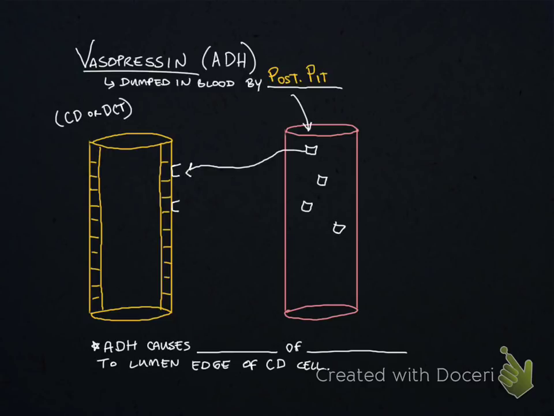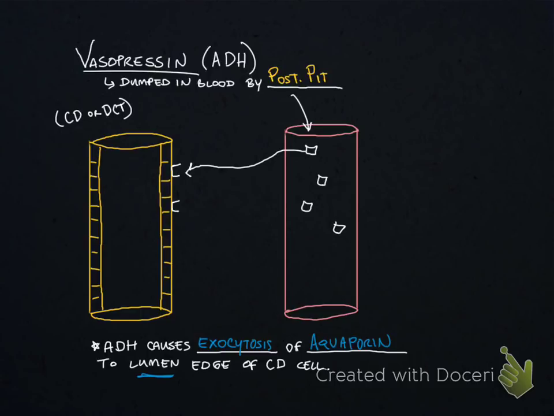ADH would diffuse in, bind to its receptor, and this is actually going to cause exocytosis of a channel called an aquaporin to the luminal edge of the collecting duct or distal convoluted tubule.